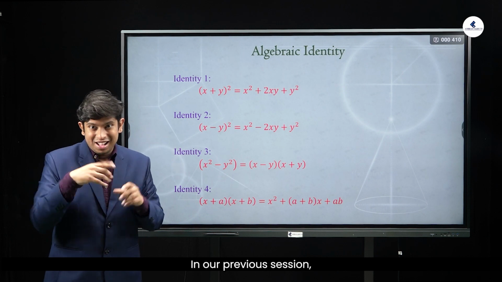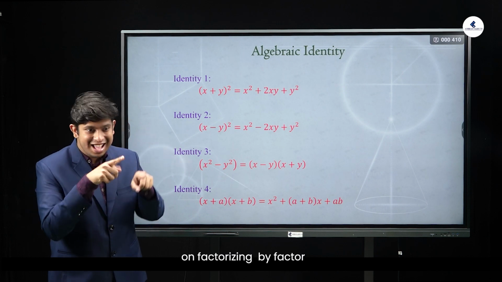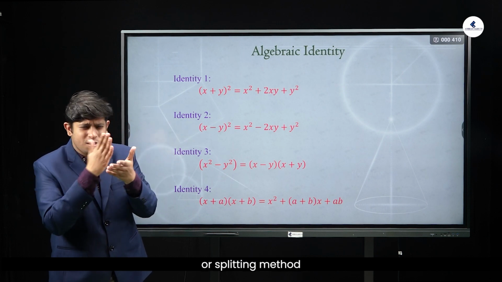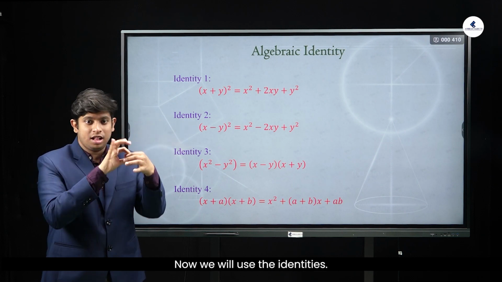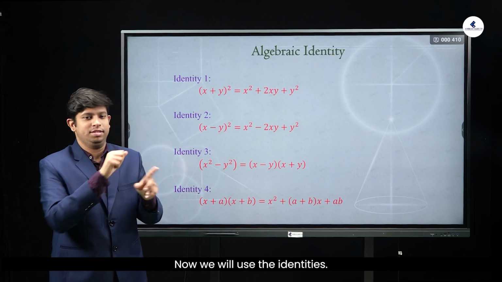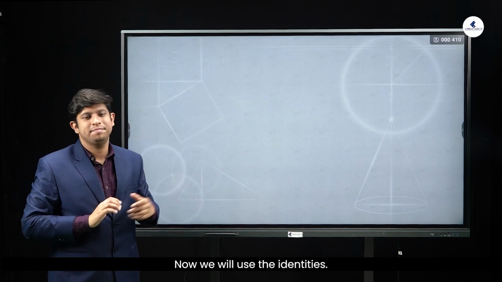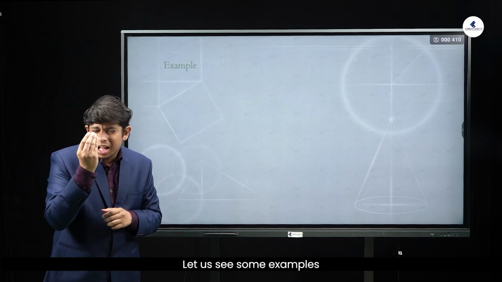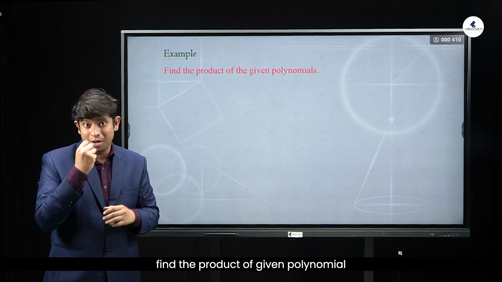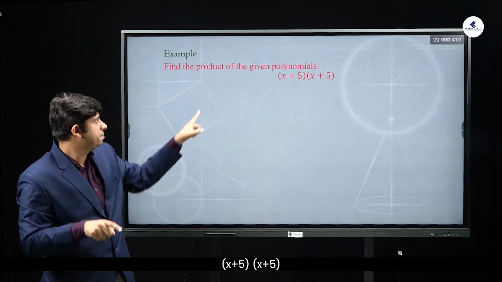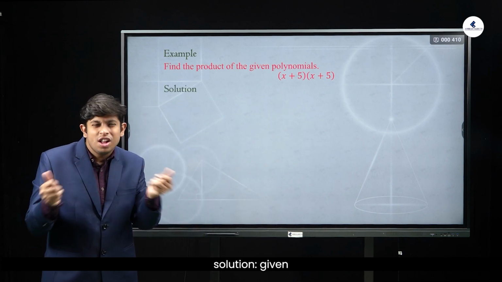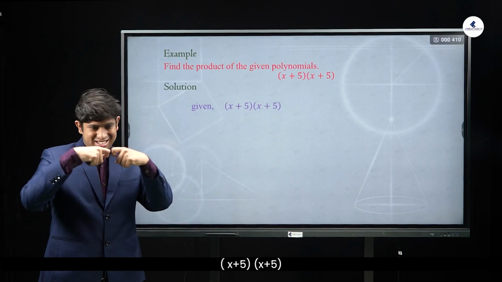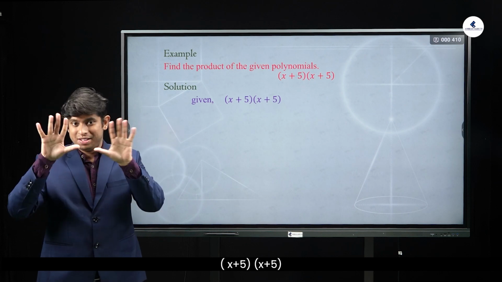In our previous session, we have seen examples on factorizing algebraic expressions by factor or splitting method. Now we will use the identities. Let us see some examples. Find the product of the given polynomial x plus 5 into x plus 5. Solution. Given x plus 5 into x plus 5.